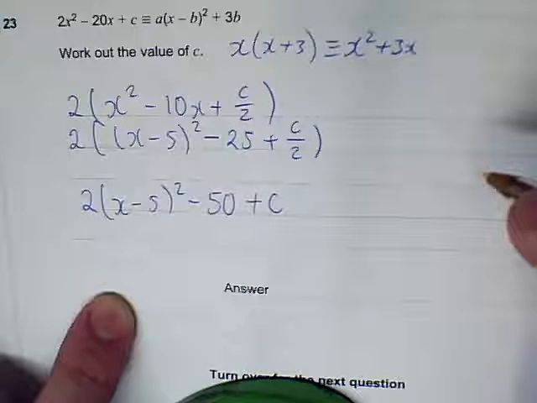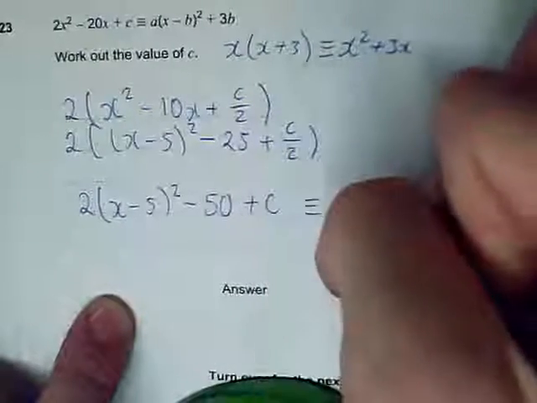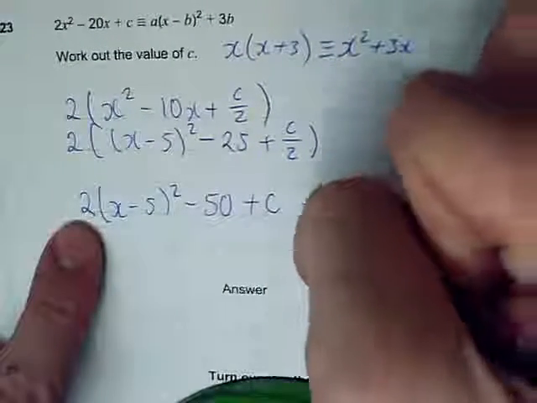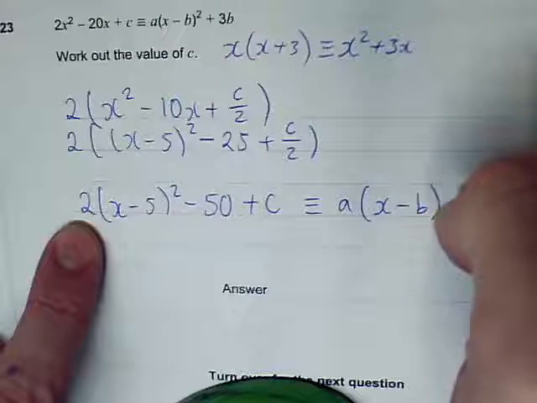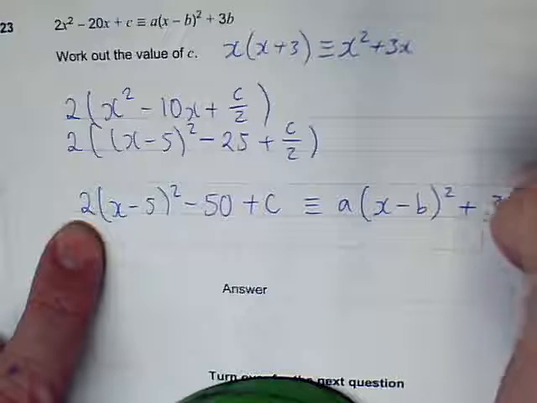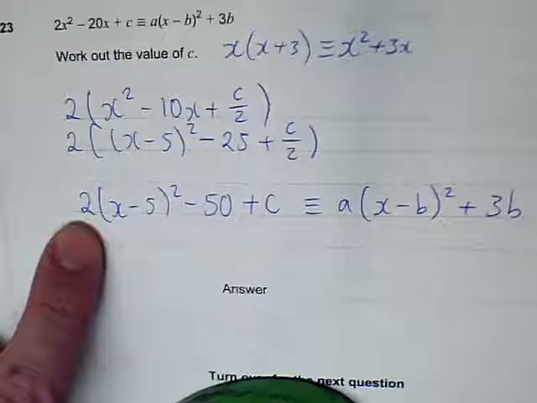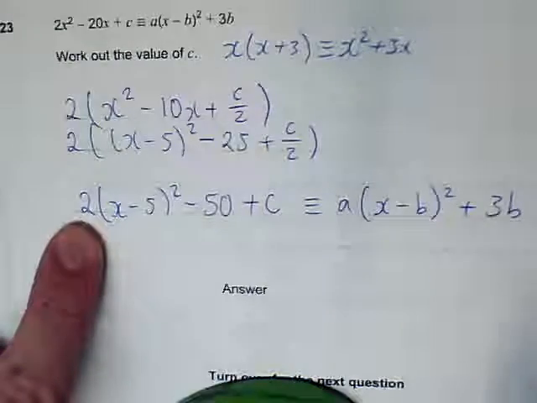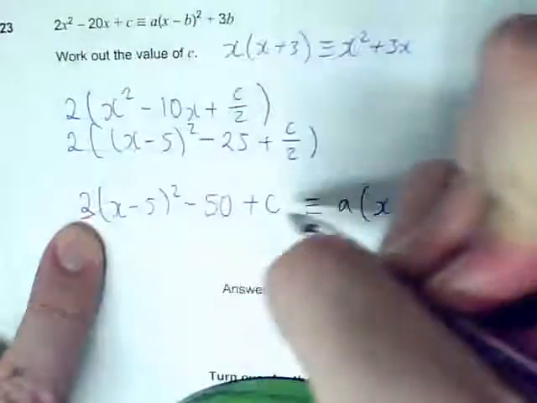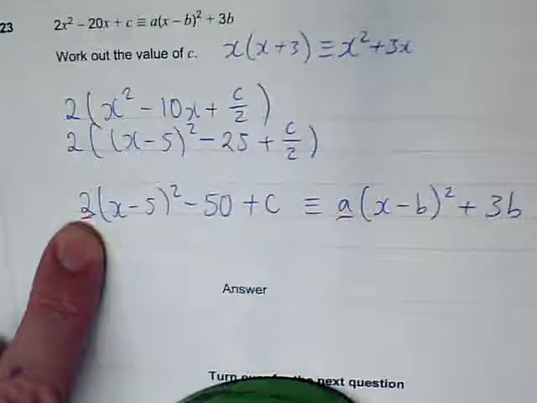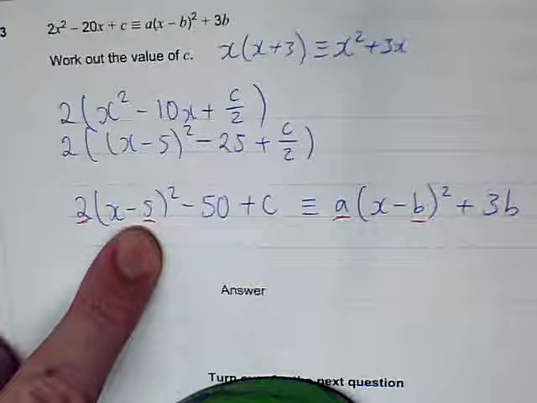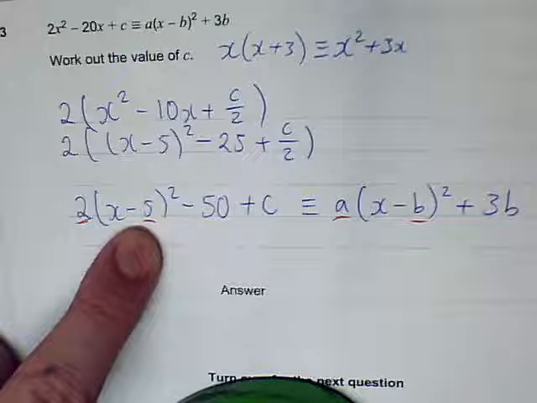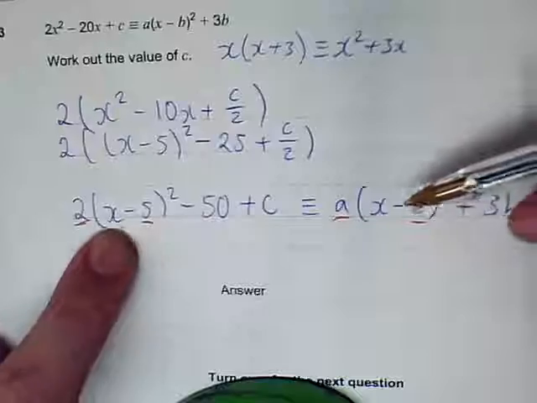Now, this is supposed to exactly equal a(x minus b) all squared plus 3b. So if we make comparisons with what we've got, we can see here the a is 2. We can see here the b is 5. Now just think about this.